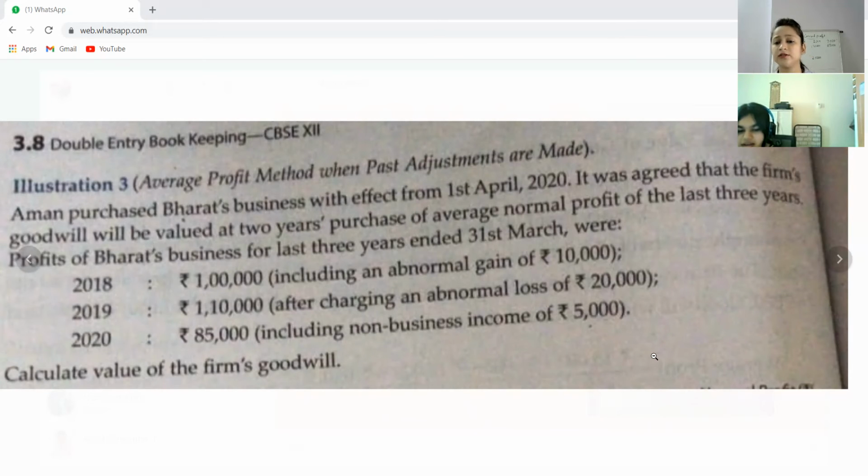It will increase. So we will subtract. Correct. So less non-business income. From 2020, deduct 5,000.